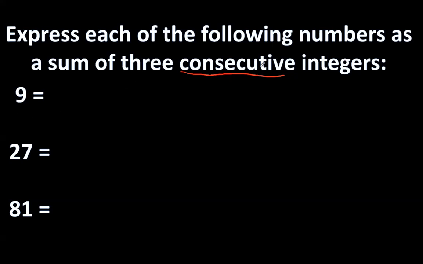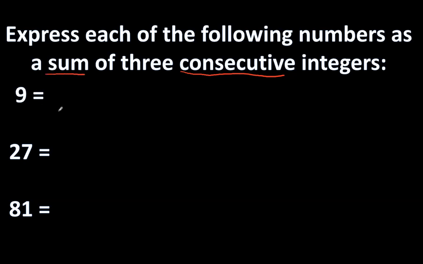Just to point out, in a lot of mathematics, particularly word problems, you have to make sure you're reading it carefully. Here it wants you to express each of these following numbers as a sum of 3 consecutive integers. Remember what sum means. It means addition.